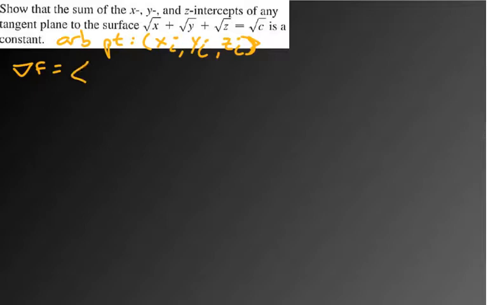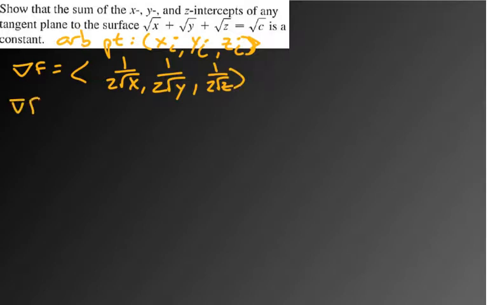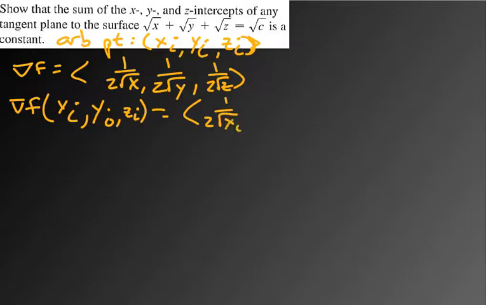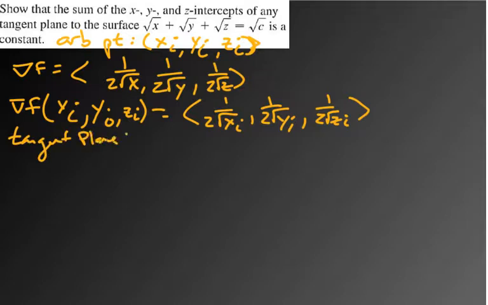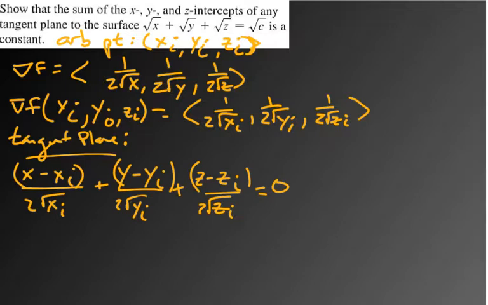The gradient is just going to be 1 over 2 root x, 1 over 2 root y, 1 over 2 root z, and then the gradient at my x sub I, y sub I, z sub I point would just be 1 over 2 root x sub I, 1 over 2 root y sub I, and 1 over 2 root z sub I. And then I can pop everything into the tangent plane. So the tangent plane would be this.